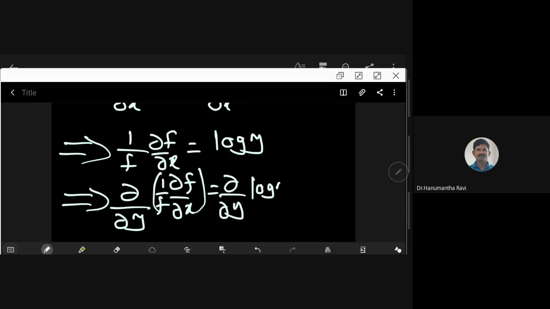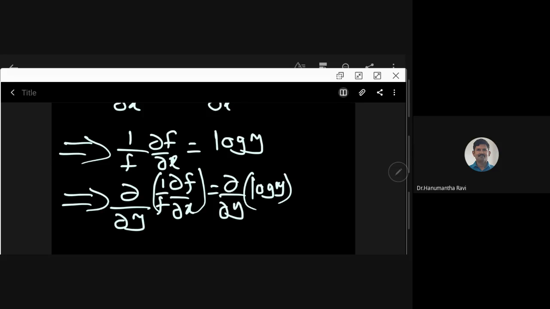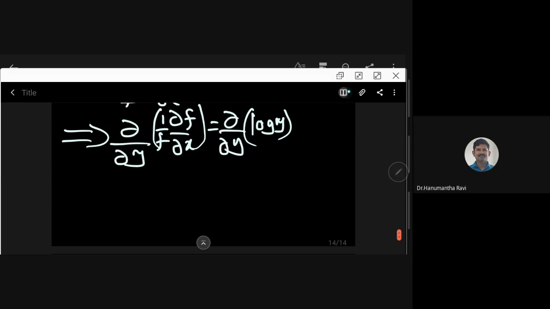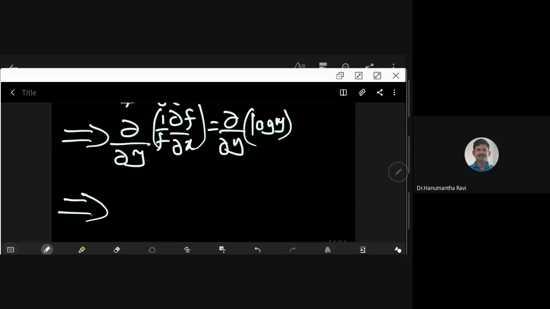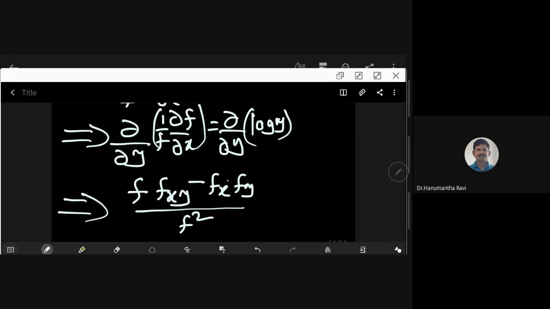Both sides again we are applying partial derivative with respect to y. So this implies you are using the u by v rule here: f into fxy, that is dou square f by dou y dou x, minus fx into fy, because we are doing it with respect to y, by f square. Quotient rule this is.